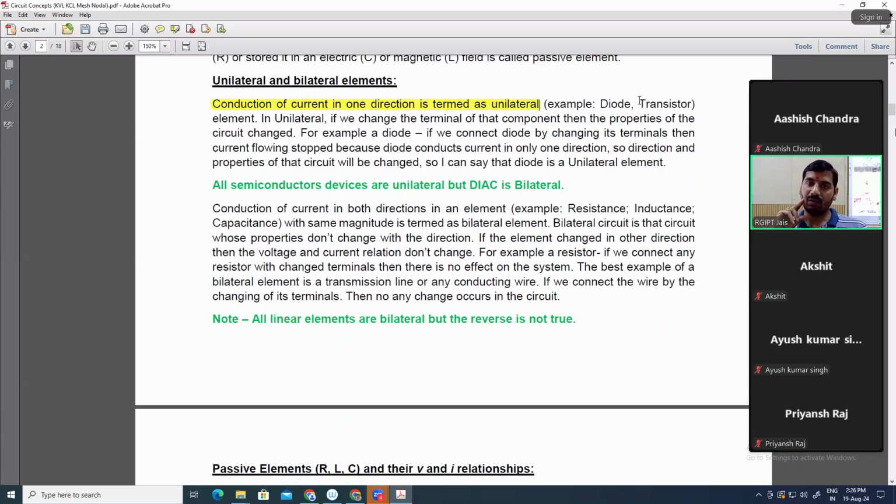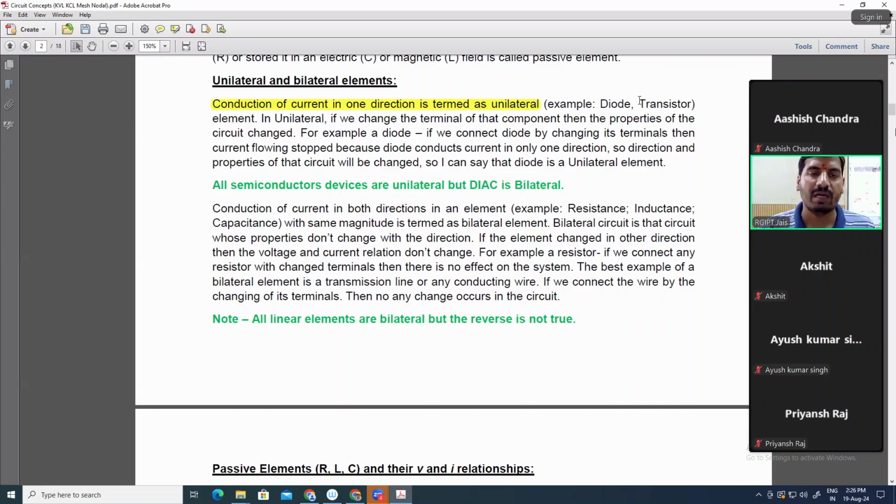So when the diode is in forward bias, only then will it conduct, and current flow is possible only in forward bias. In reverse bias, ideally, there is no current flowing through the diode. That's why it is considered a unilateral element, or you can also call it unidirectional. So the current flow is unidirectional.